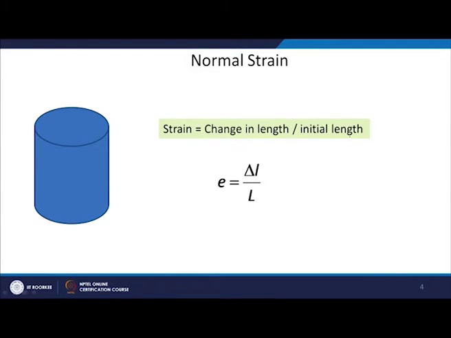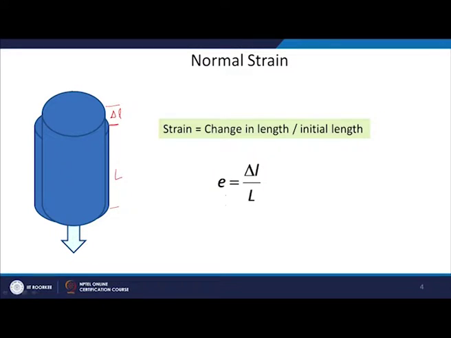Now, there is another term. Stress can be there, and similarly there can be a strain. So what do we mean by strain? Strain is basically the change in length divided by the initial length. Any change in the length divided by the initial length is equal to strain. When you apply a force like this, I have changed the length.